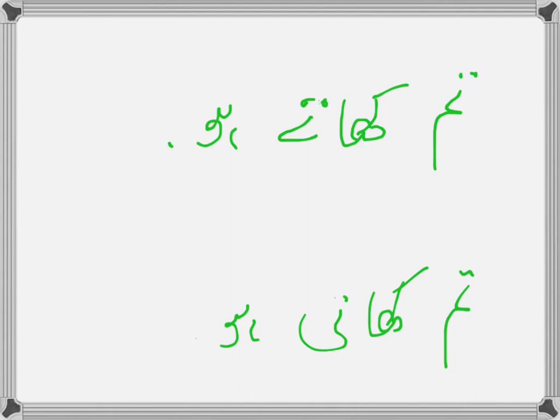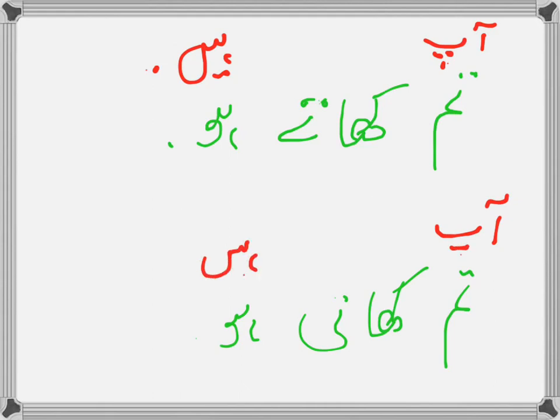So you would have noticed that instead of आप we use तुम. And for female we have used आप खाती हैं. So for informal environment we use तुम and हो, and the verb changes to ते or ती.